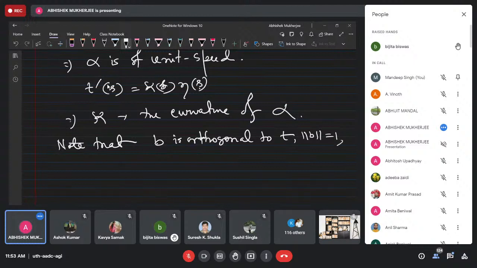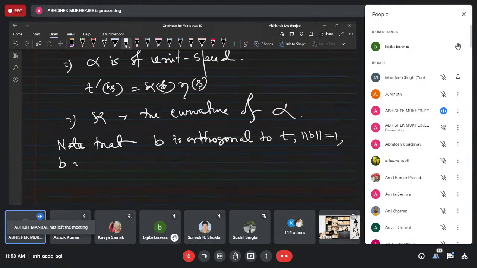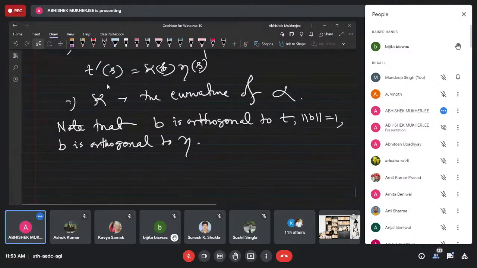And thirdly, B is orthogonal to eta also, right? So B is orthogonal to T and B is orthogonal to eta.